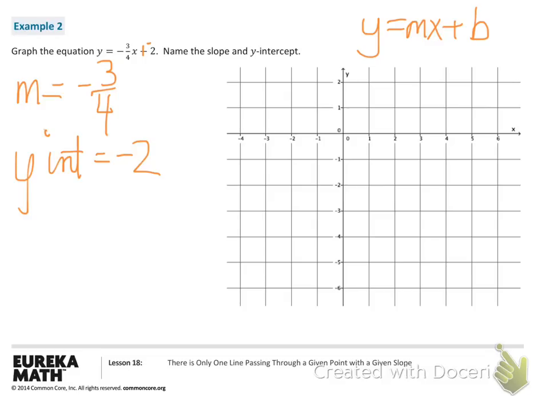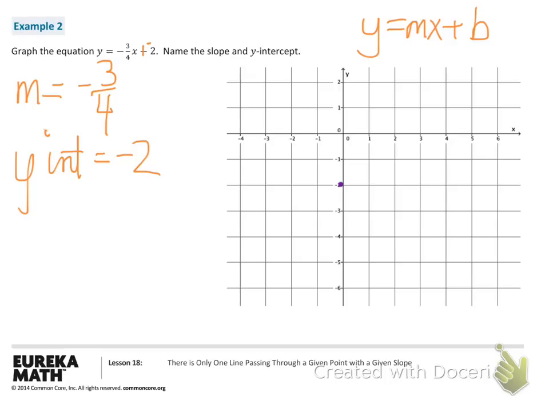So we can go ahead and plot our y-intercept. That's where we want to start with our known point. So the y-intercept is -2 right there. That's where it crosses the y-axis. Our slope is -3/4. So when I look at these ratios, I want to always associate the negative sign with the numerator. It's just a little easier to think about it that way.